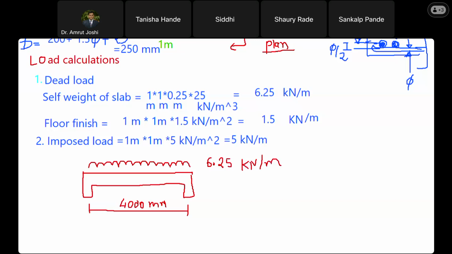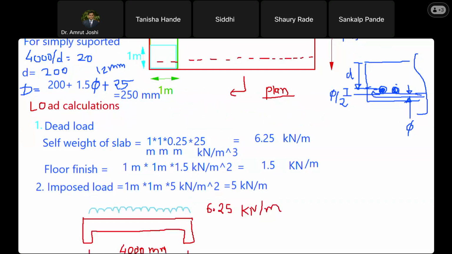Happy? And there is another UDL. That UDL is due to live load, imposed load. How much is that? 5 kilonewton per meter. Happy?